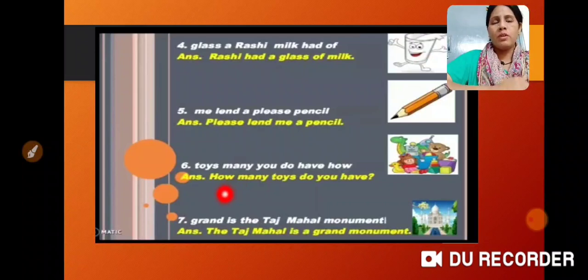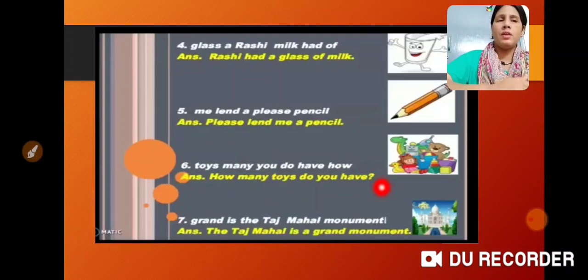And the proper sentence will be: how many toys do you have? Now this sentence begins with a capital letter, so we will write H in capital form. Now this sentence is asking a question, how many toys means number of toys, so we will put a question mark at the end of the sentence.